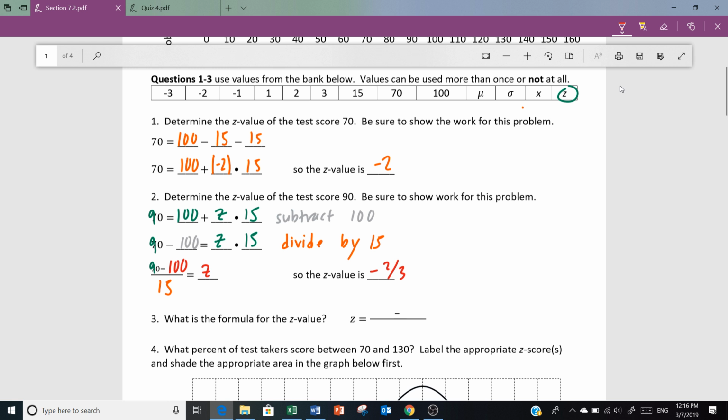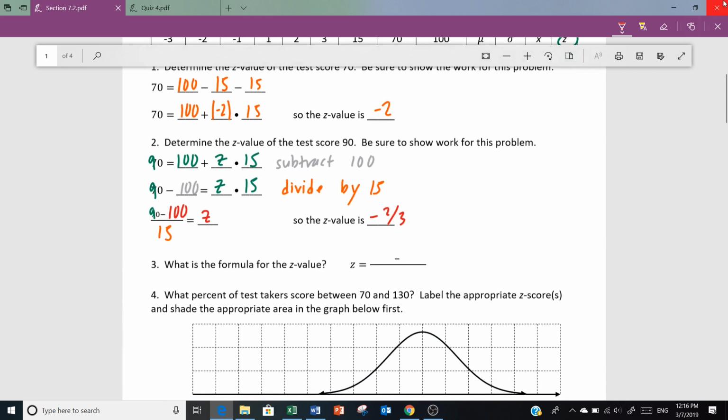Okay, so let's fill in our z-value formula. The 90 right here, we're going to call that x. That's going to be our x value in the data set because that's the unknown value, and some sort of test score is going to give you that for our x. And then the 100, what symbol is 100?